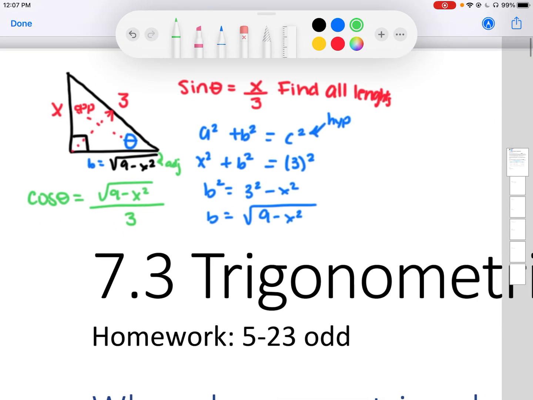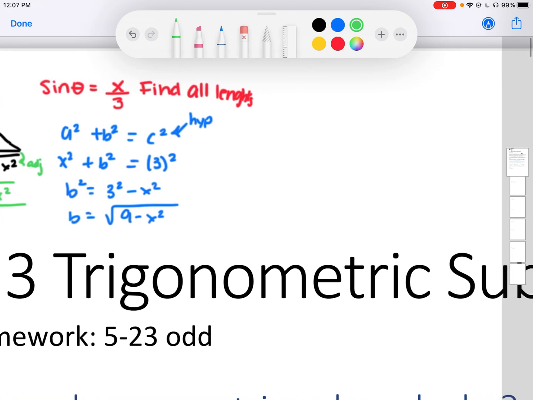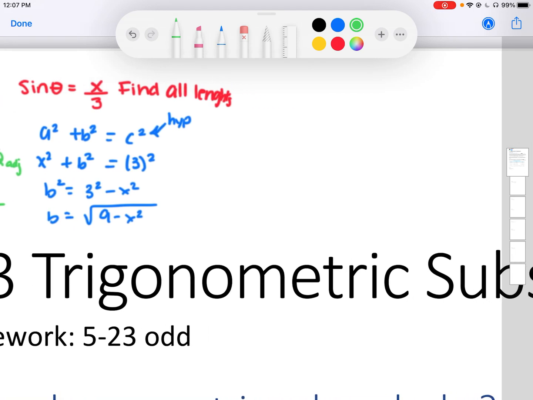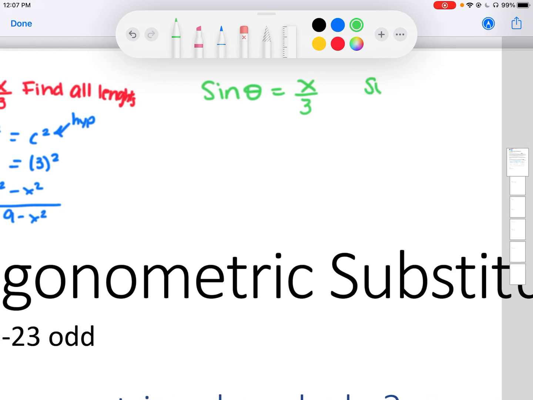Now something else I need to review for this section is what if we want something in terms of a different variable? Let's take sine theta equals x over 3, and say I want to solve for theta, meaning you want to get theta by itself. The way we undo that sine is by applying sine inverse to both sides.